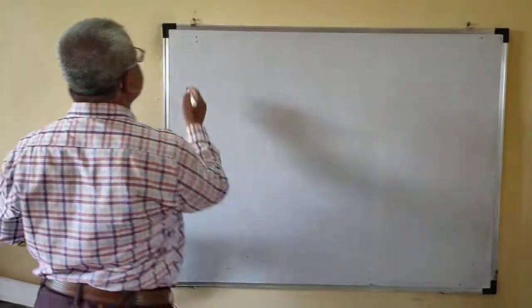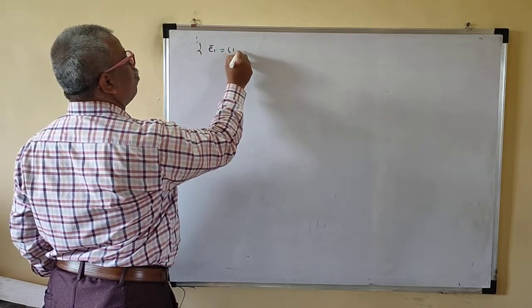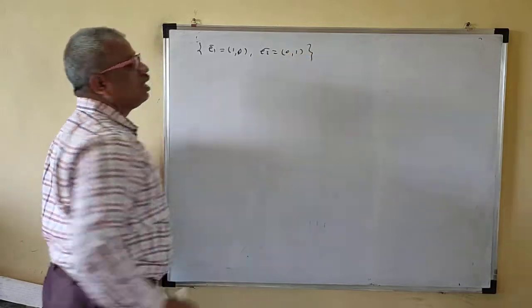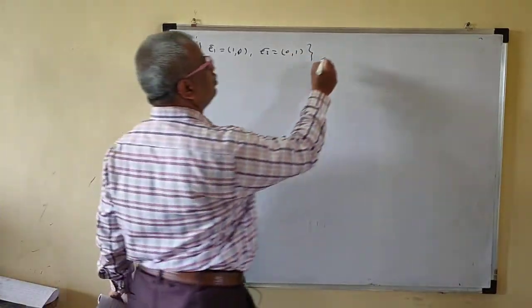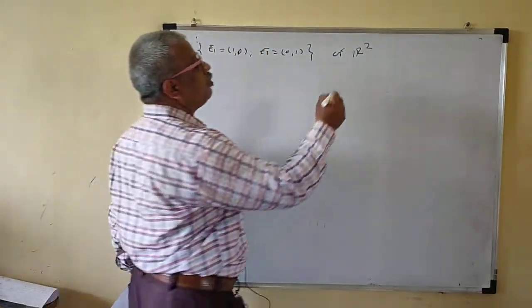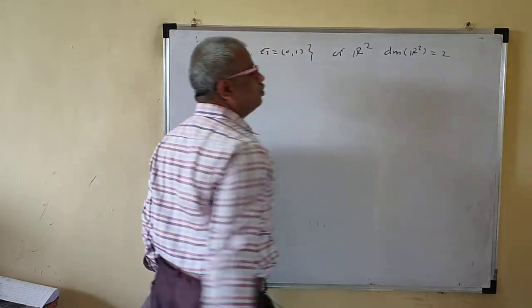Note that suppose E1 bar is equal to (1, 0), E2 bar is equal to (0, 1). This is the standard basis of R2. So therefore the dimension of R2 is equal to 2.